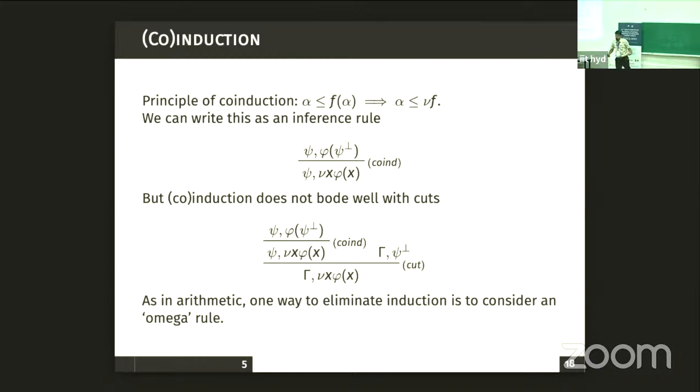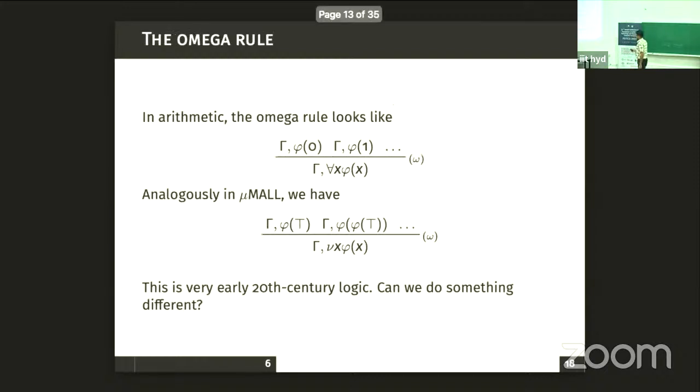If you have seen cut elimination in Peano arithmetic, one way of doing it is by having an omega rule, which looks something like this. You replace the generalization rule of second order arithmetic and just say that if something is true for all n, it basically means that it is true for 0, it's true for 1, and so on.